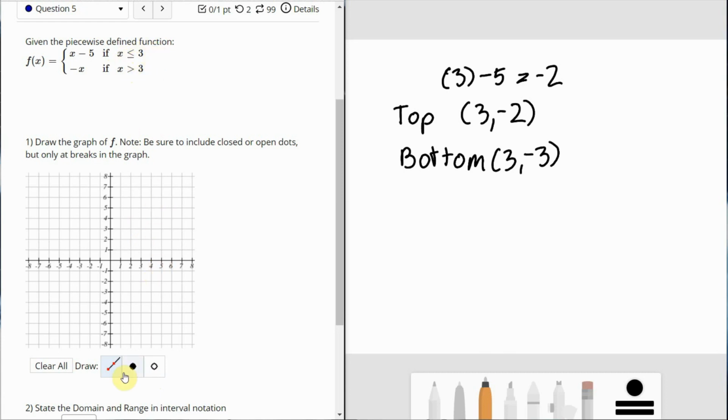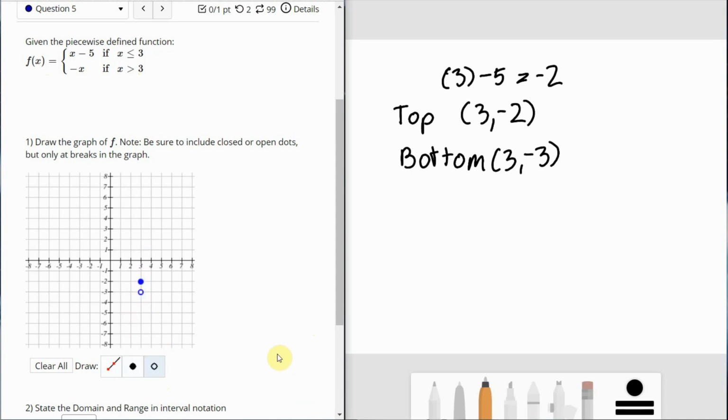So I'll use a solid circle to plot (3, -2). For the bottom expression, there is no line under the inequality symbol, so x cannot equal 3, and I will use an open circle to plot (3, -3).